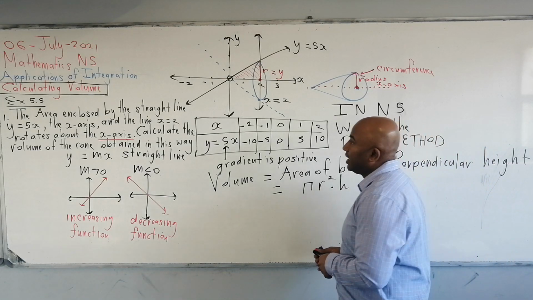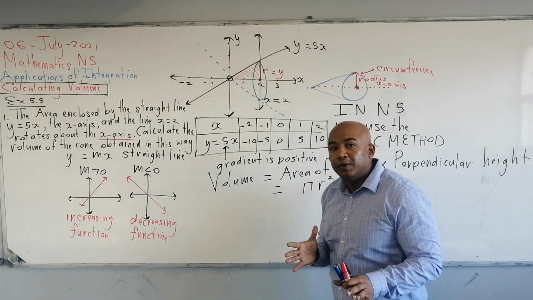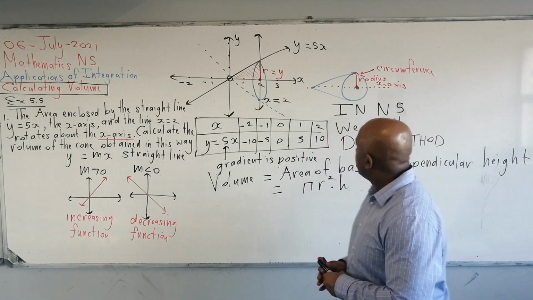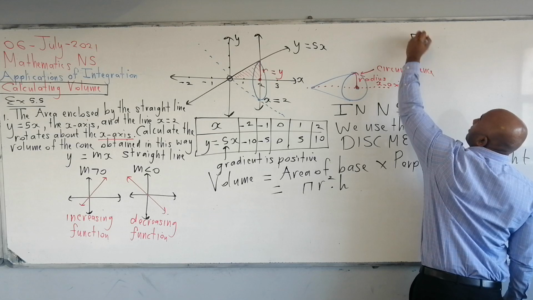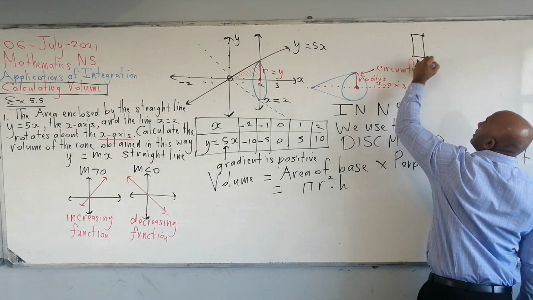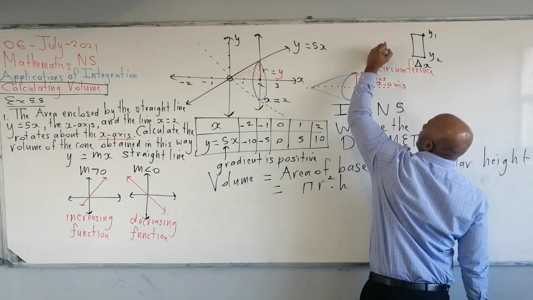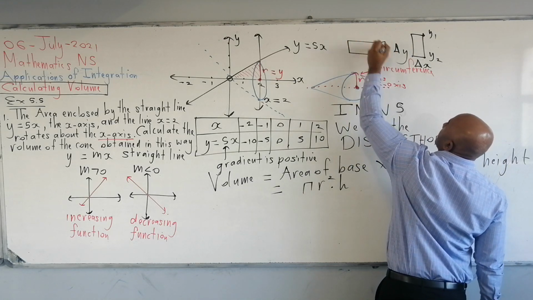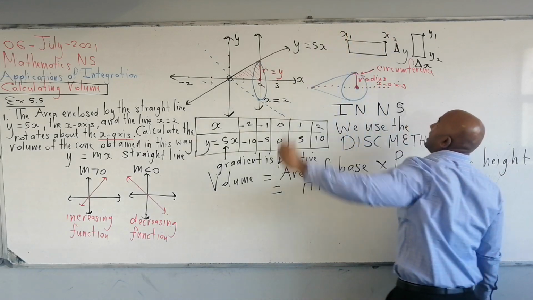Now let's go back to the diagram. Remember that we always have a choice when we are dealing with area. What do I mean? I mean, we could use this type of representative rectangle. There's your delta x, that's y1, y2. Or we could use this type of representative rectangle. There's your delta y, and that's x2, x1.